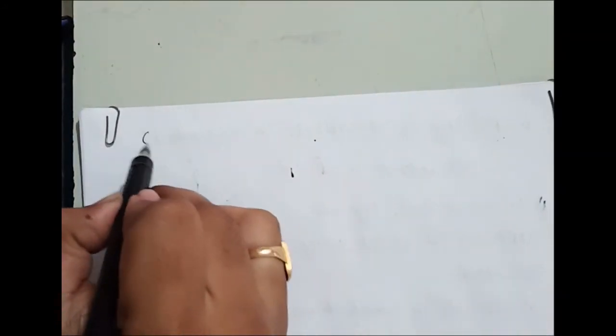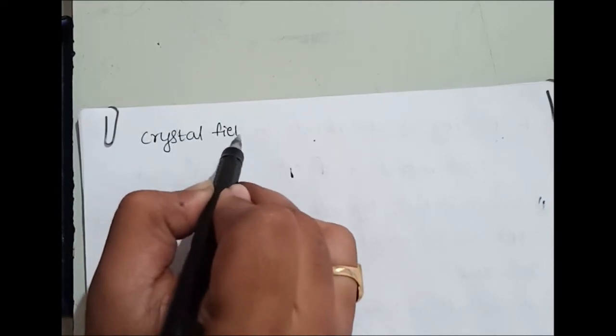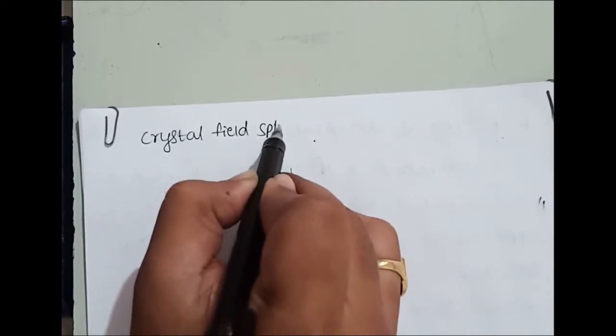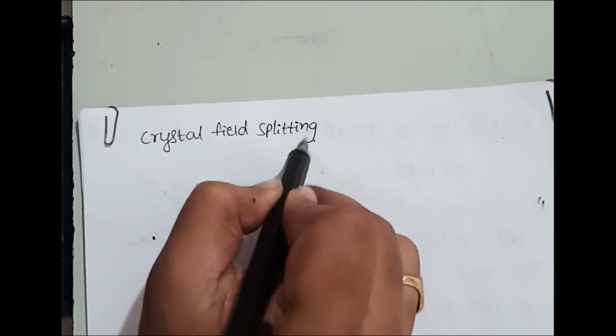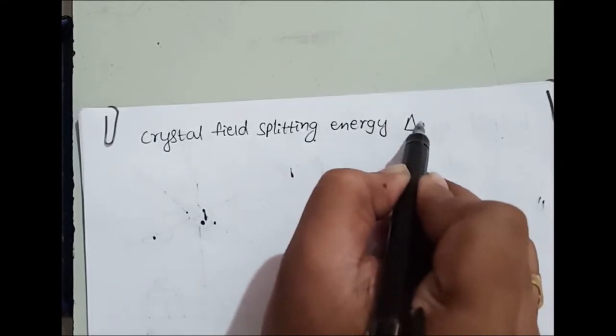Now CFSE, what is the full form of CFSE? Crystal field splitting energy, which some people also call stabilizing energy, whatever you like you can say.